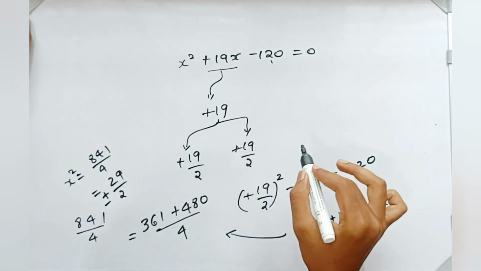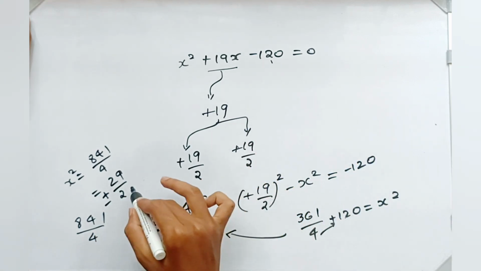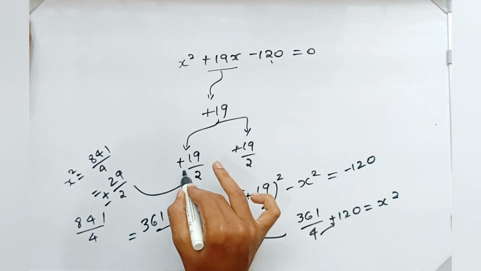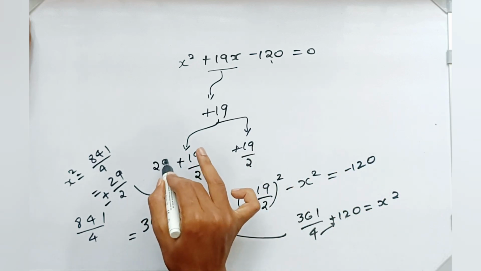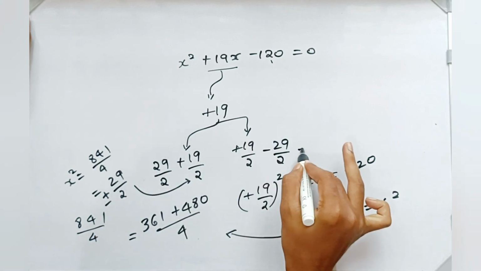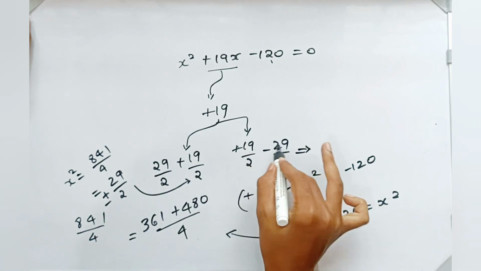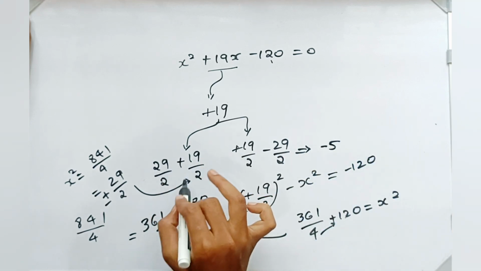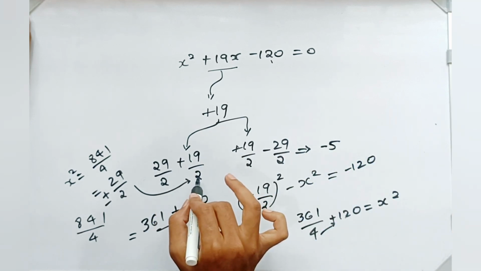Okay, so what I have to do is just add this to these things. Here I'm taking plus 29 by 2 here, and minus 29 by 2 here. After solving we'll get minus 10 by 2, which is minus 5, and 29 plus 19 is 48. 48 by 2 is 24, right?